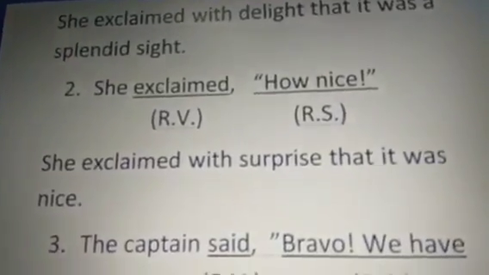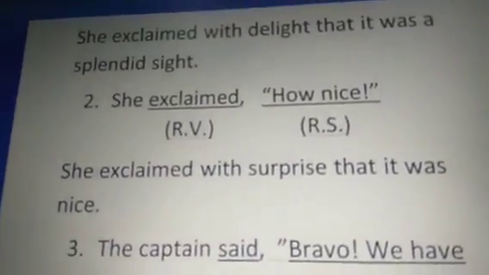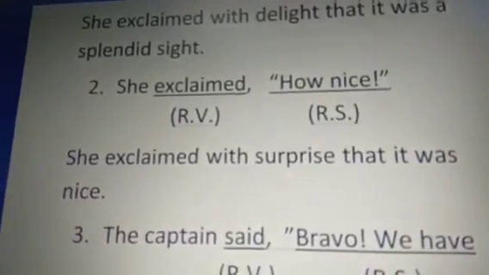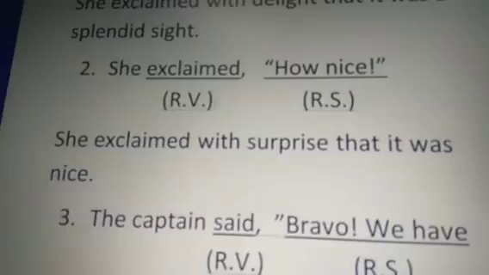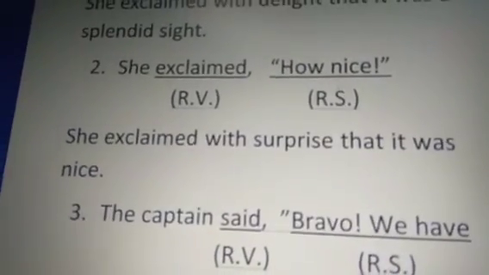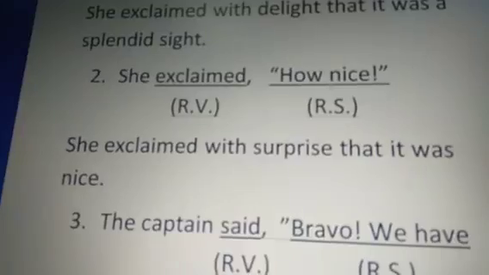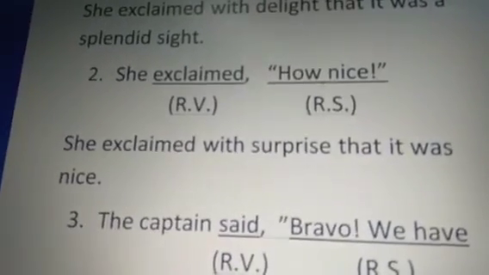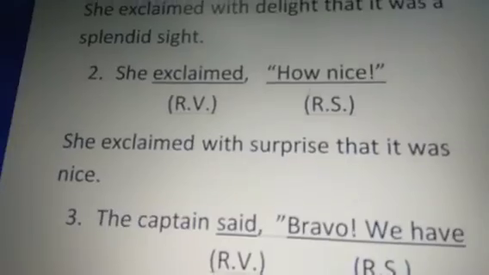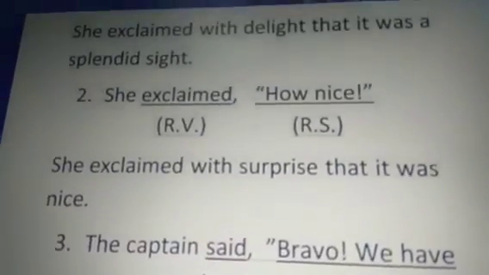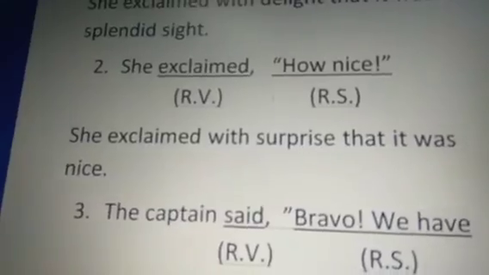Now the second example is, she exclaimed how nice. Now exclaimed is the reporting verb, and how nice is the reported speech. Yes, this reported speech is written in the form of an exclamatory sentence, and this particular exclamatory sentence is conveying a sudden feeling, and that sudden feeling is related to surprise.